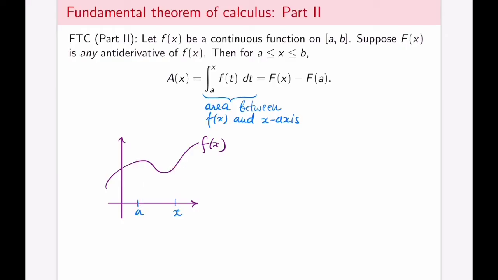So really, on the picture, what this corresponds to is if I take the area from 0 to x, and then I subtract the area from 0 to a. What I end up with, of course, is exactly the area in the middle.